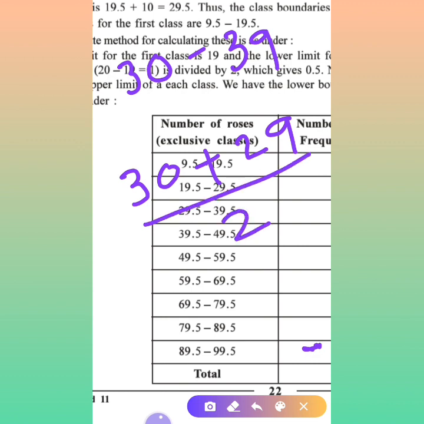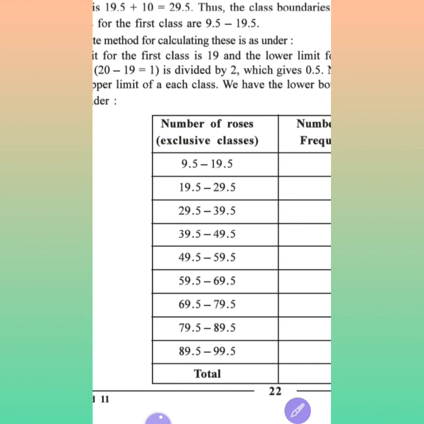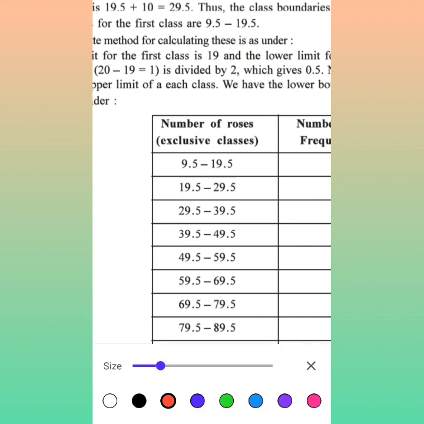This is the formula: the lower limit of the given class plus the upper limit of the previous class, whole divided by 2.